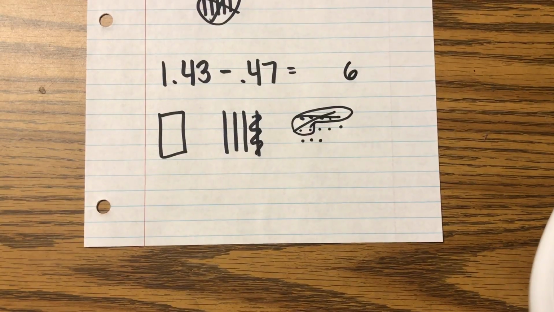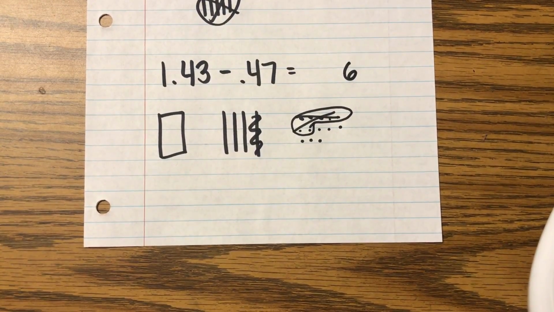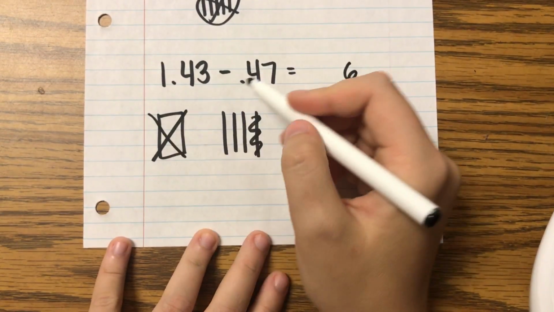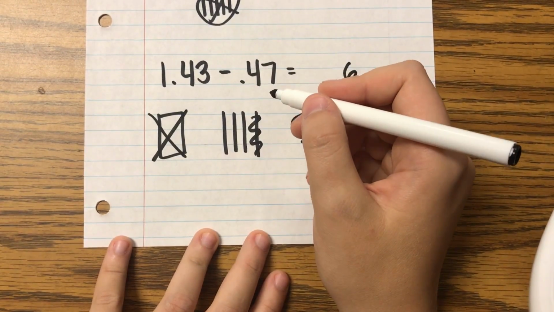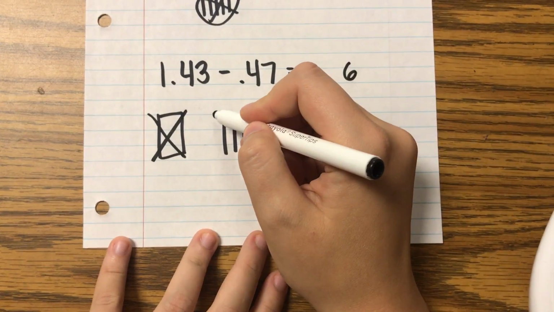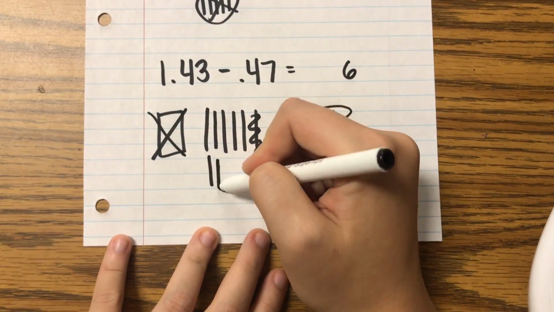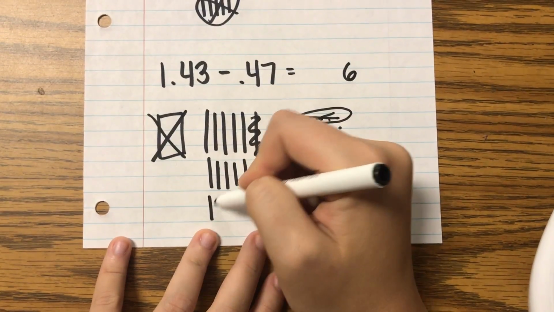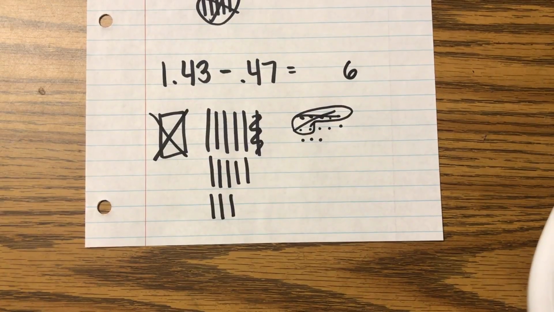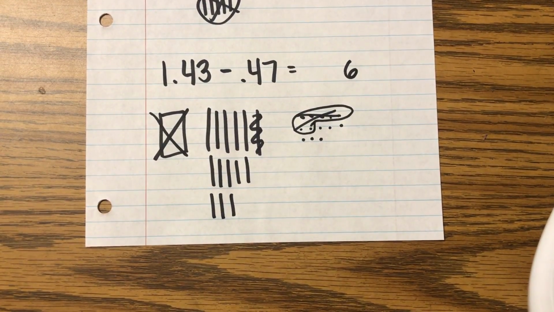So what do I do, Junior? You break down your whole, and turn it into what? 10 tenths. 1, 2, 3, 4, 5, 6, 7, 8, 9, 10. So how many tenths do I have now? 13.